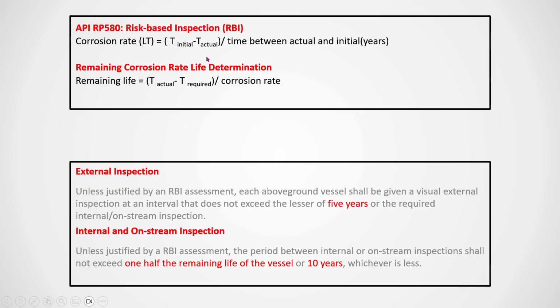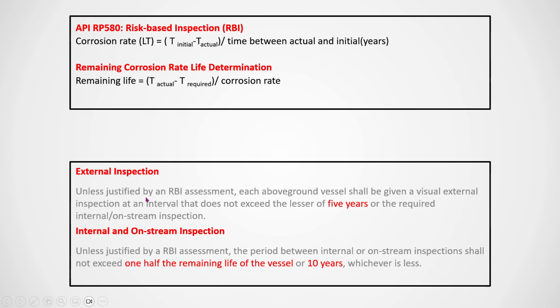The reduction divided by the time will give you your corrosion rate, how much corrosion rate is there. So what will be the life of the tank? How will you calculate the remaining life of the tank? T actual, how much you have actually got, minus what is required, divided by the corrosion rate. Then we will get the remaining life, how much life of the tank remains. That also you can find out.